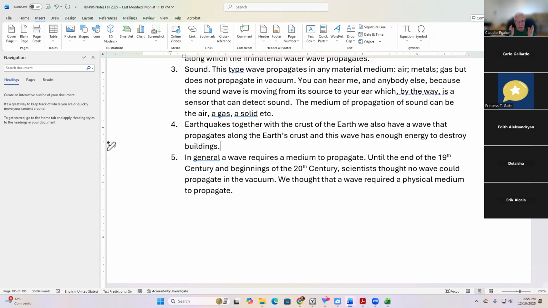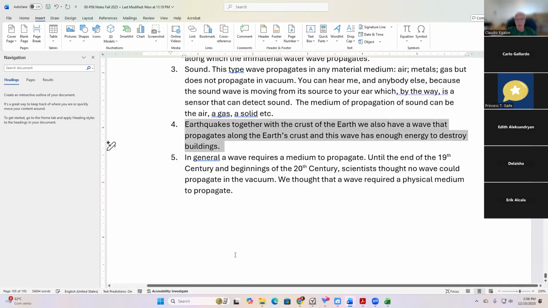This mindset of thinking that a wave required a medium to propagate generated all sorts of incorrect theories that we're going to discuss in more depth in Physics 7.